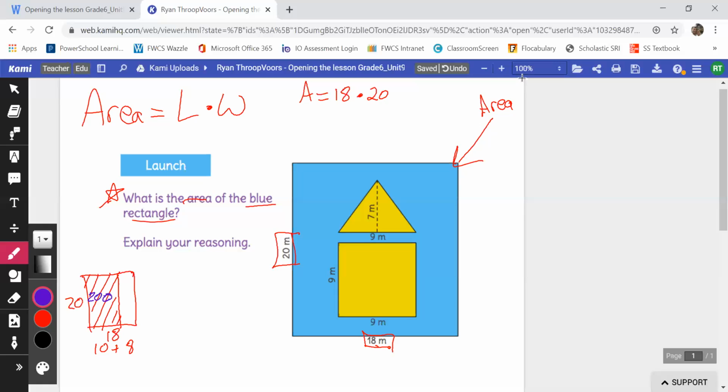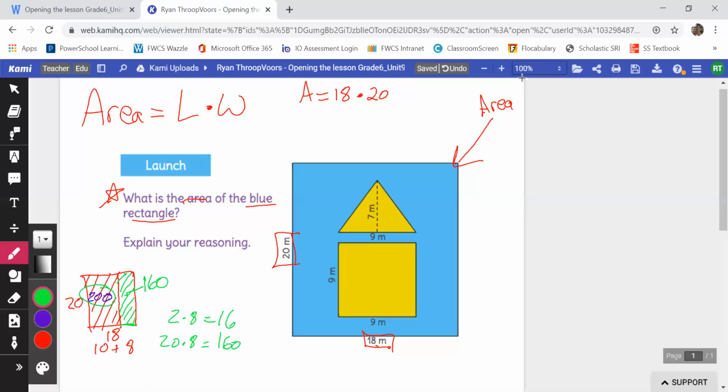And then over here in this particular space, so the second rectangle here in the green is still 20 meters by 8. So I know that 2 times 8 is 16. So 20 times 8 is going to be 160. So the area of this is 160 square meters.